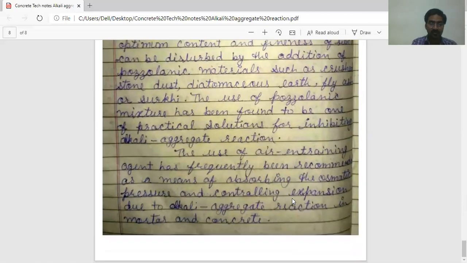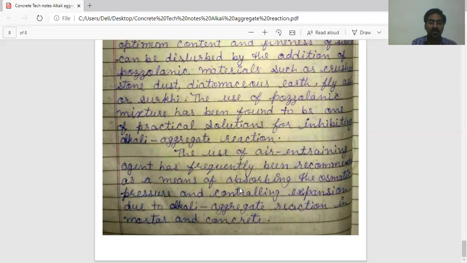Another method of reducing the alkali aggregate reaction is the use of an air entraining agent, which has frequently been recommended as a means of absorbing the osmotic pressure, the osmotic pressure due to increase of volume or due to formation of silica gel.